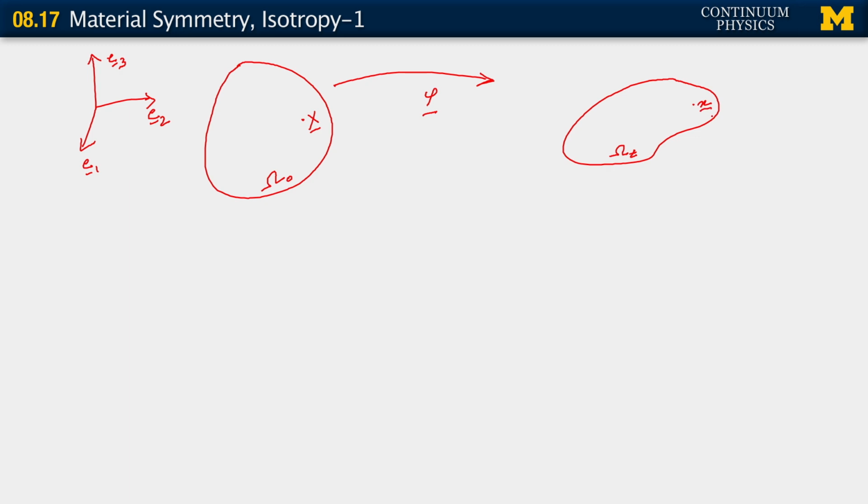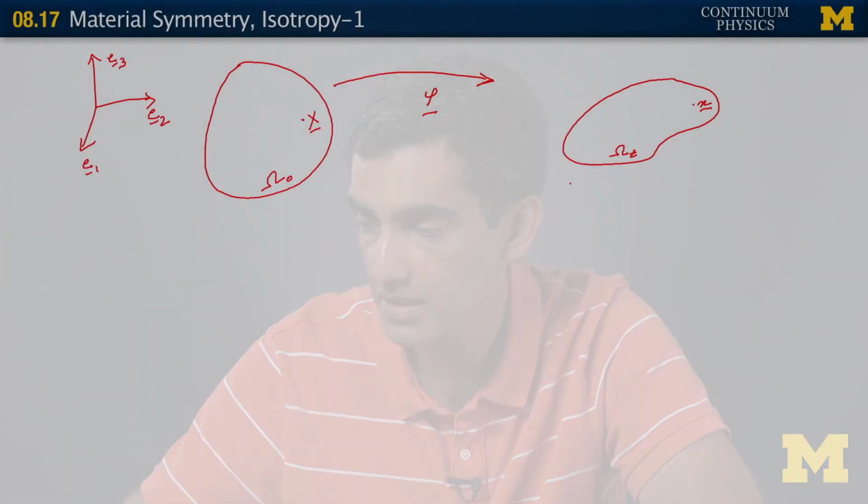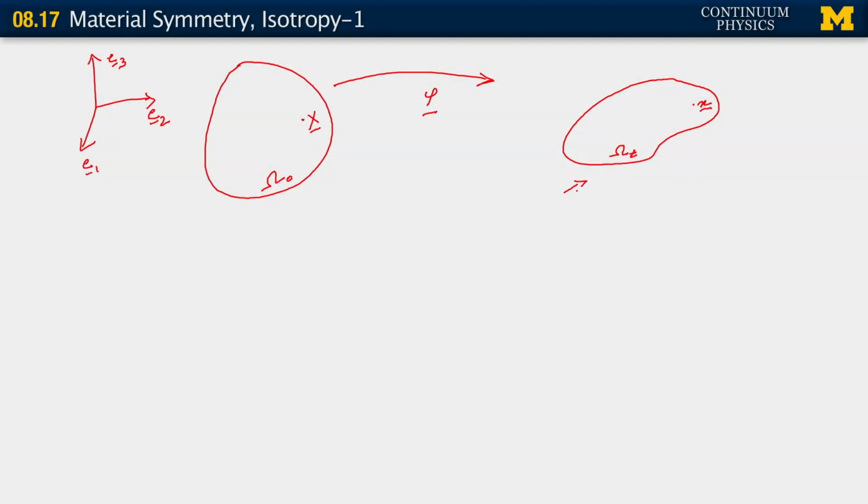Right. Now, remember that when we made our arguments about material frame invariance, we were asking ourselves the question of what the strain energy function should do under superposed rigid motions on this current configuration omega t, right? This configuration here to the right. Okay?